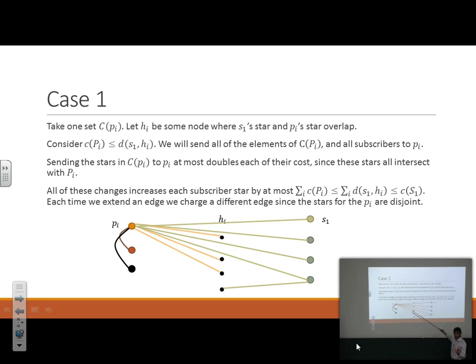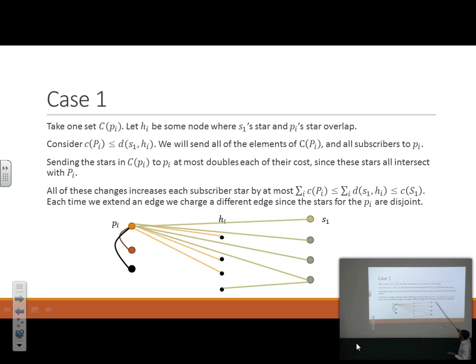But this is the reason why we picked these hubs to be disjoint, remember? Two of these hubs that I picked to form clusters don't intersect with each other. So the set of edges where I go to meet each one of these clusters are disjoint. Therefore, each time I only pay the cost of the corresponding edge of S1 to that corresponding hub.